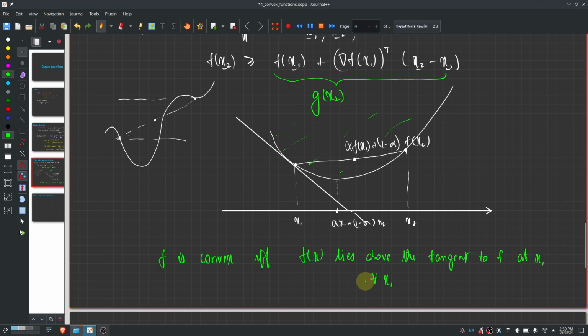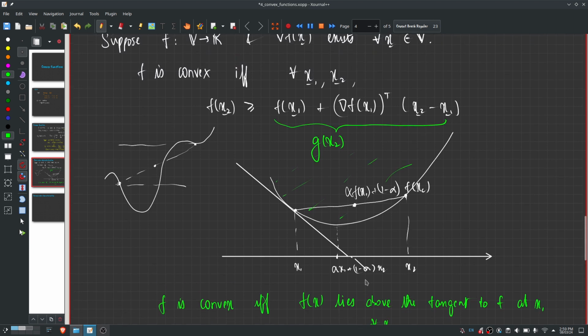Consider any tangent to this particular function. The actual curve for the function will always lie above this tangent. So that's the geometric interpretation of this particular condition.